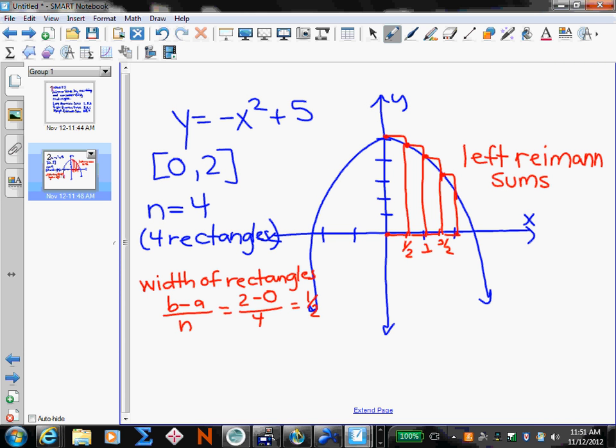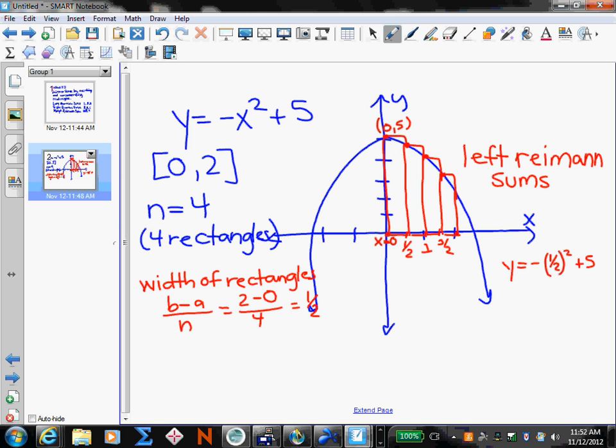So what are those coordinate points? Well, the first rectangle is made with x equals 0 as my coordinate. So if I plug 0 into my function, and you can make a chart if you want to, I am going to get the coordinate of 5. For the next point, if I plug a half in, then I have y equals negative a half squared plus 5.